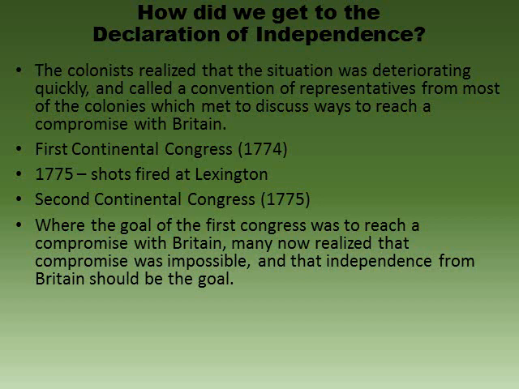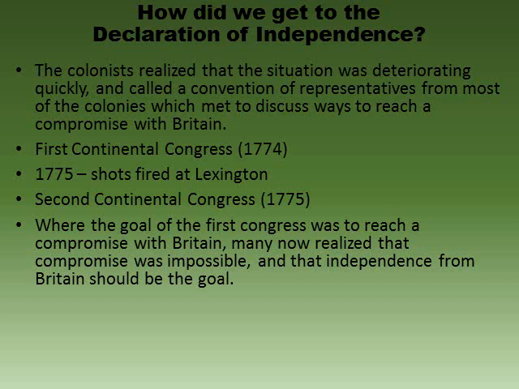And so the colonists started to see, many of them, that independence from Britain really needed to be the goal, that they needed to be their own country and have no more ties to the king or London or any of that, and run their own affairs permanently. And so that was a real change in their mindset.